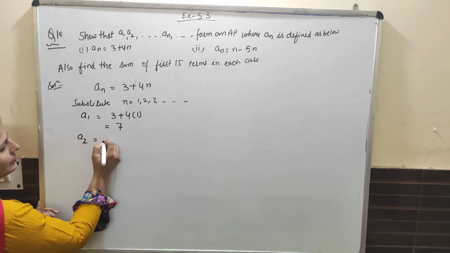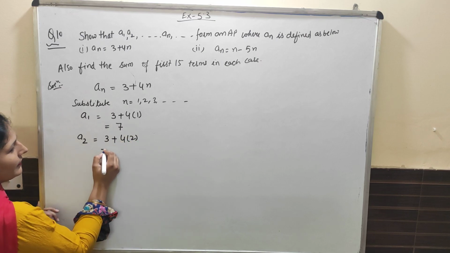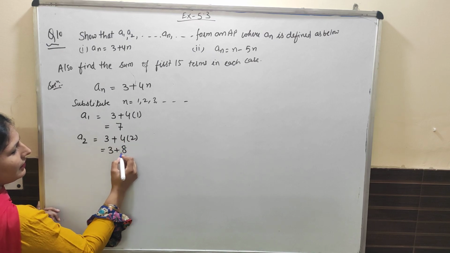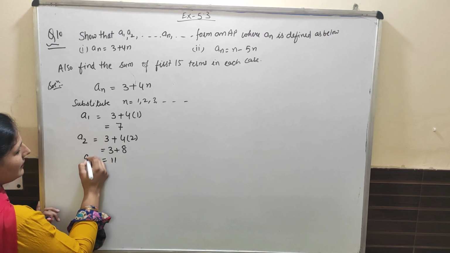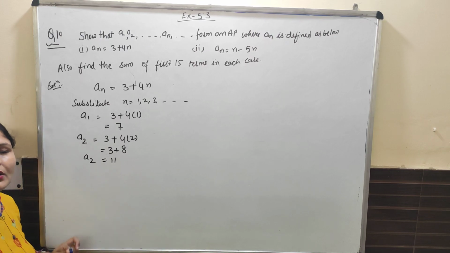For A2, put n is equal to 2, then 4 दूजा 8, 3 plus 8, 11. It means A1 is 7 and A2 is 11.